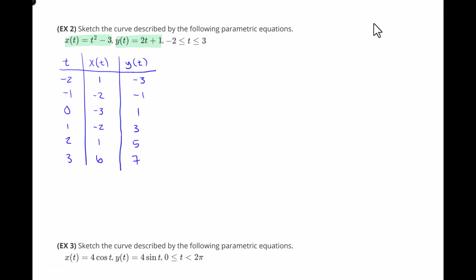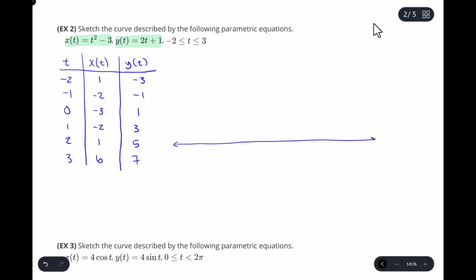And let me try my scale a little bit better this time. So looks like -3 to 6, -3 to 7. So I'll do something like this, I think. All right, so 1, 2, 3, 1, 2, 3, 4, 5, 6. That's fine.